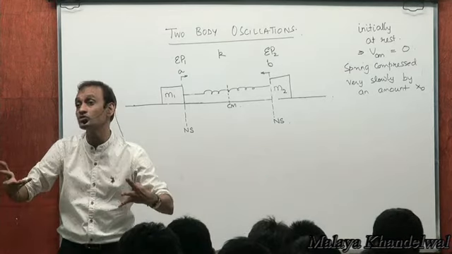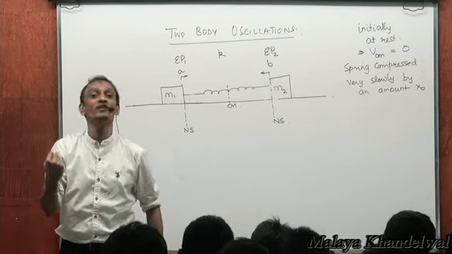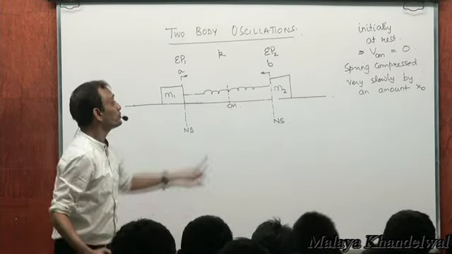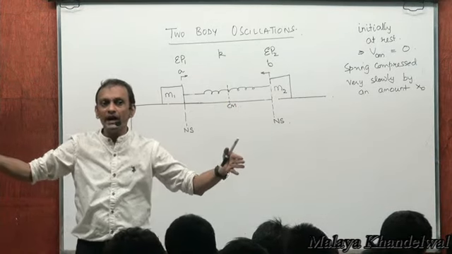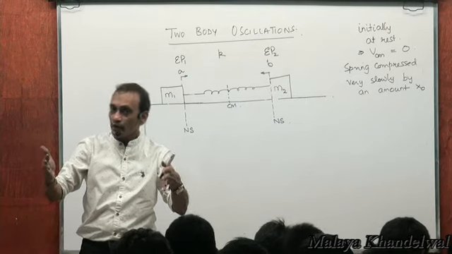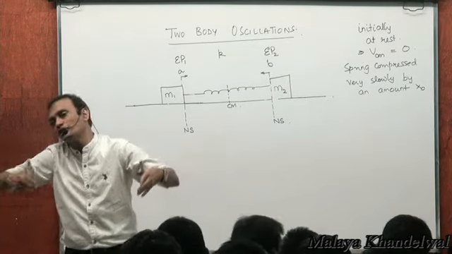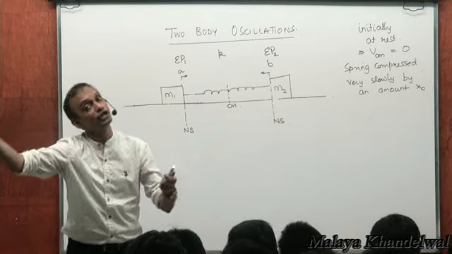So the position of the center of mass did not change with time. Even though I brought the two masses closer together, compressing the spring, it was not instrumental in producing any change in position of center of mass.